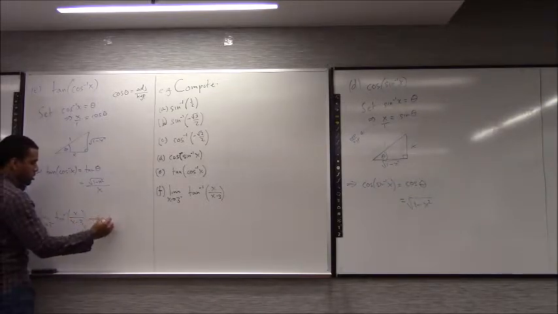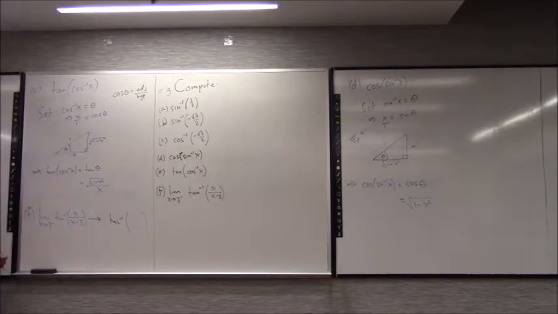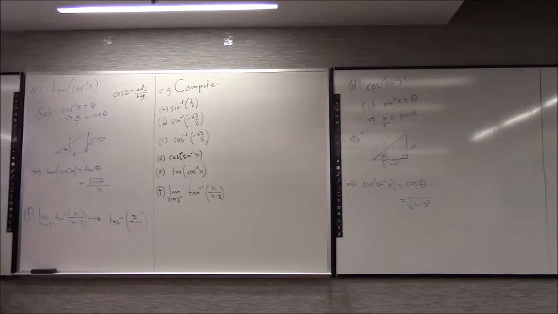Yeah, but what is this approaching here? Well, the top is approaching 3, but what about the denominator? Yeah? 0. It's approaching 0, but what's the sign? As in SIGN. Negative. It's going to be slightly negative.